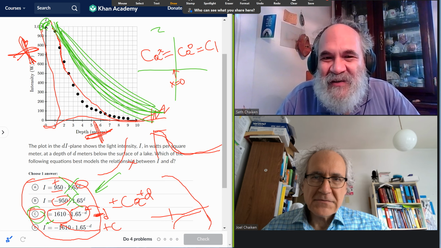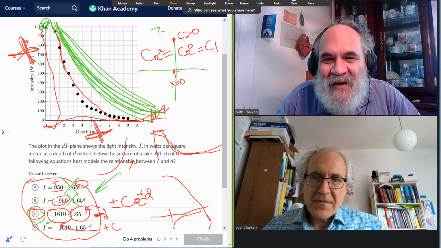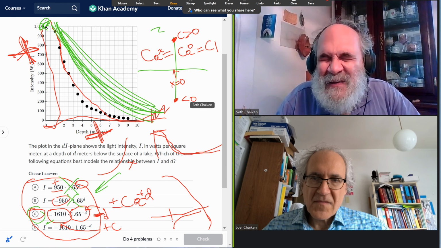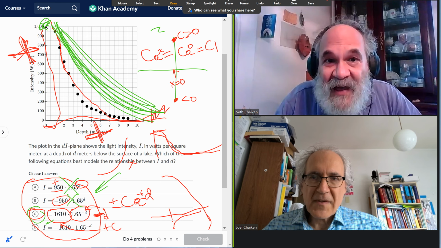So if C is positive, the exponential curve starts up here, and it starts down here if C is negative.